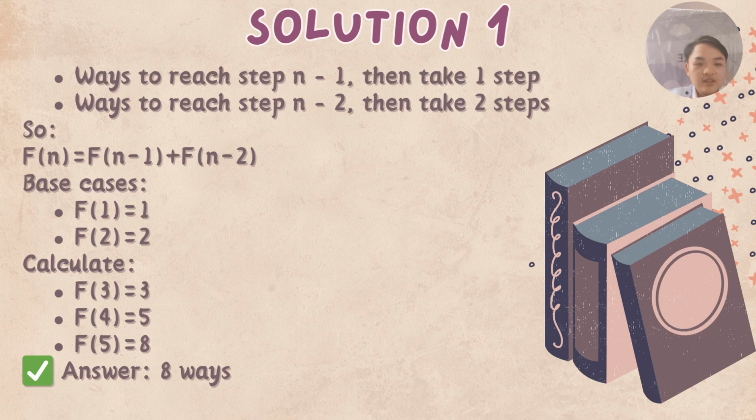The last is step 5, which is f5. Based on the equation, f5 equals f4 plus f3, so 5 plus 3 ways. The final answer for reaching step 5 by using 1 step or 2 steps is 8 ways to get to the top.